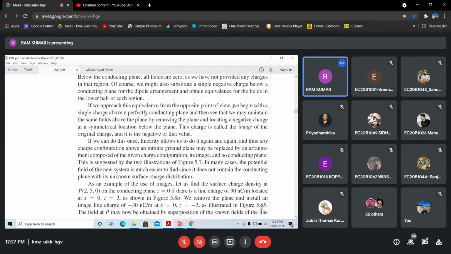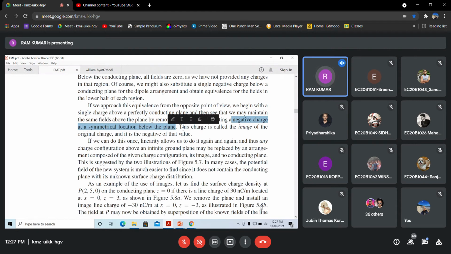See, if we start with a single charge above a perfectly conducting plane, and then remove this conducting plane and introduce a negative charge with equal magnitude at the exactly symmetric location below the plane, it produces the same field in both cases.